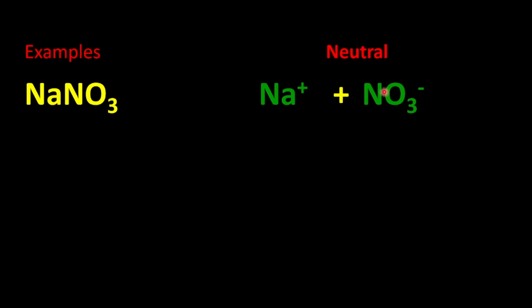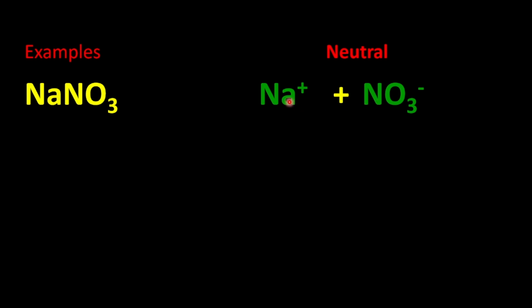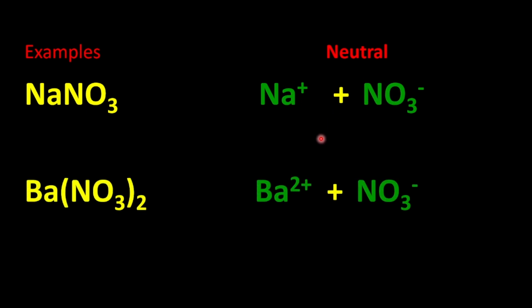This is what we are having. So the question is, will Na+ undergo hydrolysis? Will NO3- undergo hydrolysis? The answer is no. So because of that, here it is from a strong base and this is from a strong acid. So the solution becomes neutral.